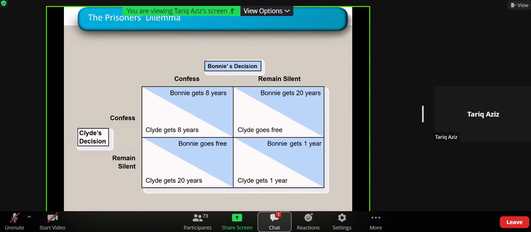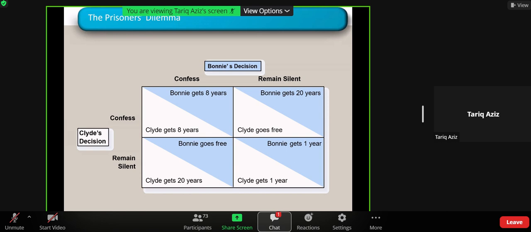Even if you assume that these two prisoners can communicate with each other, what is optimal for both of them, or for a particular prisoner? Should they confess or should they not confess?